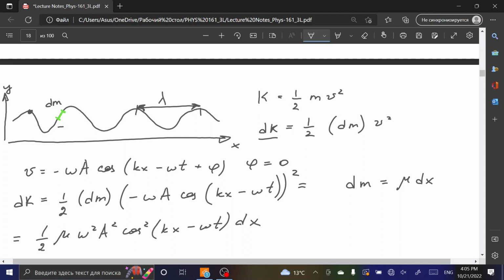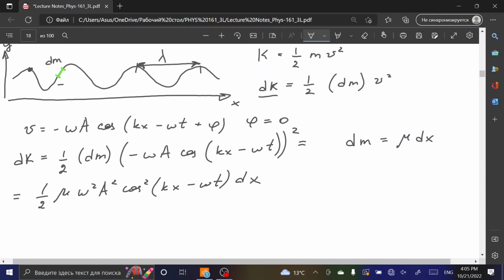For that reason, we need to divide this total length into small elements and then integrate, so sum up the total kinetic energy. The total kinetic energy per one wavelength will be the integral from 0 to lambda of dK. We take our constants out, 1/2 mu omega squared A squared.